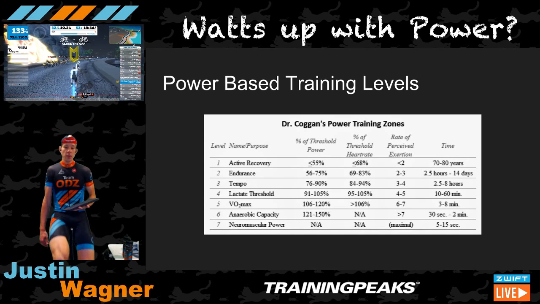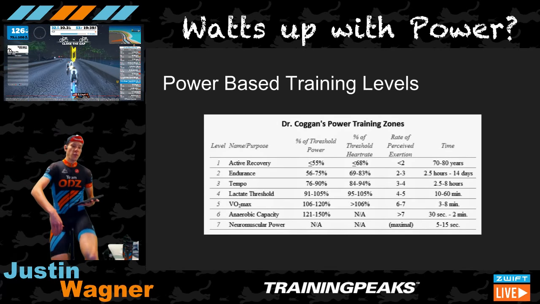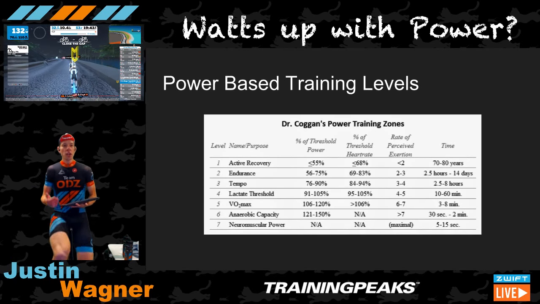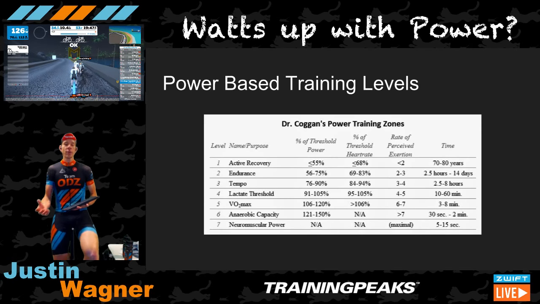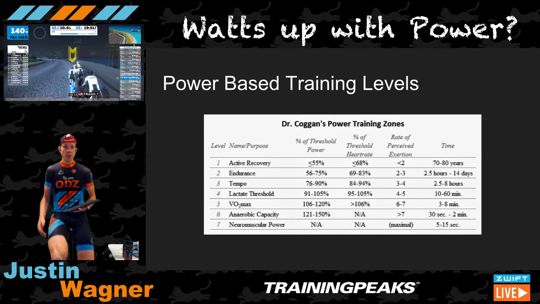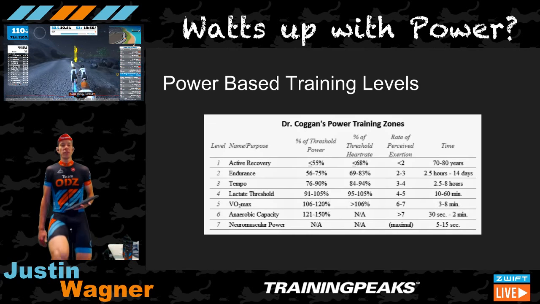The workouts that you get from, say, Zwift or TrainerRoad or Sufferfest are structured to say, hey, you're going to hold 90% of your FTP for 5 minutes. That's why when everyone loads the workout, they get their own specific and custom workout, because they're based on these zones that are percentages of your FTP.